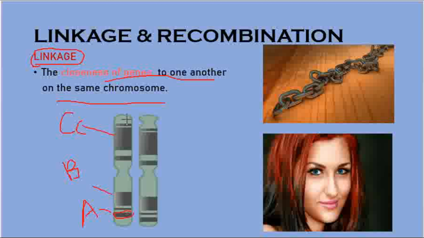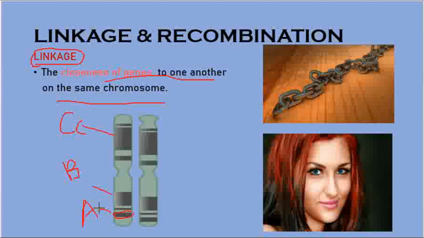So this A and B will be linked. That is what they say as closeness. They will be associated with each other, the A and the B gene, and you call it linkage. In linkage, the genes are located on the same chromosome, and they express some character.